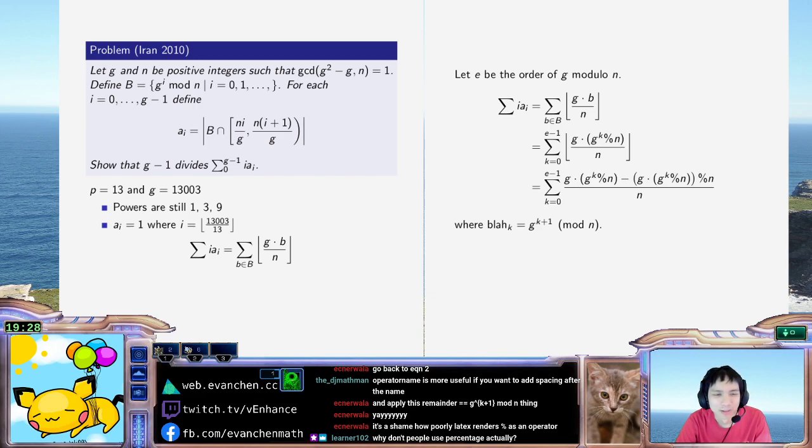This is so bad. Okay, a miracle happens, which is that when I take mod g minus 1, one of the g's goes away. Also, this one is also... if I compose the percent operators, you can just... okay.